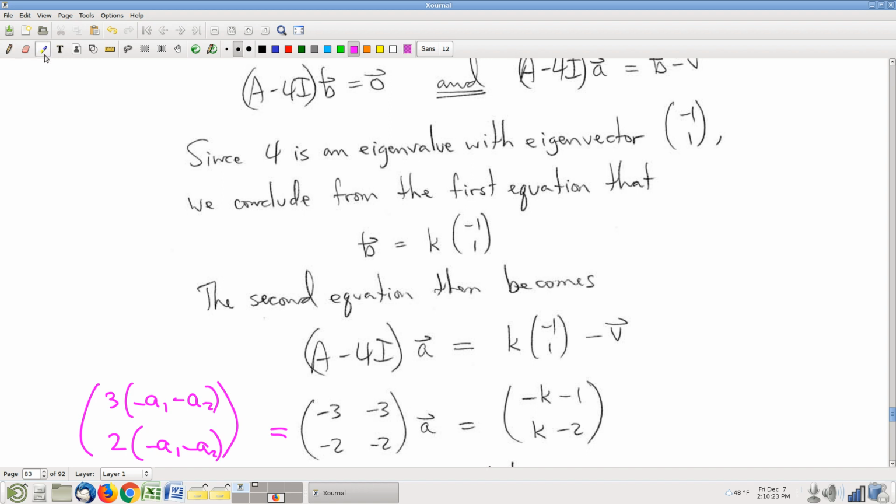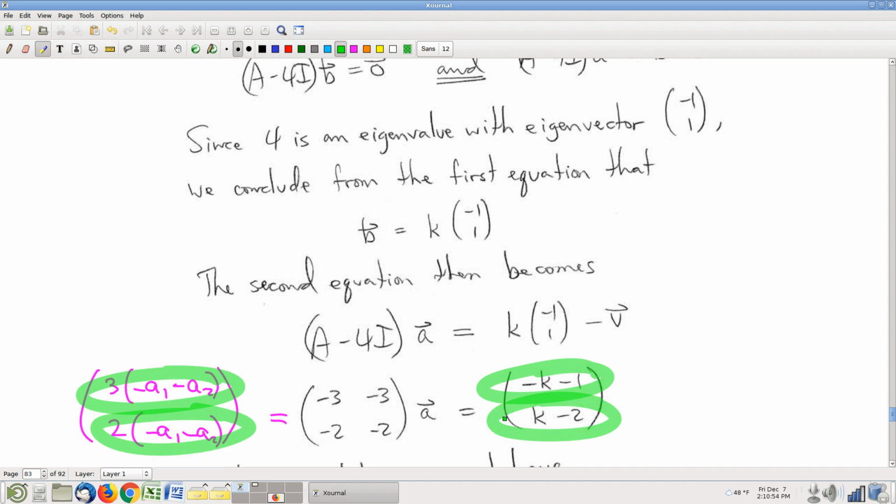So what you've really got then is this thing is a vector whose coordinates are clearly in a proportion of 3 to 2. Just look at the way this multiplies out. This multiplies out like that. That means that the first and second coordinates of this left-hand side vector are in a 3 to 2 proportion. If there's going to exist a solution, that means that these things have to be in a 3 to 2 proportion as well.